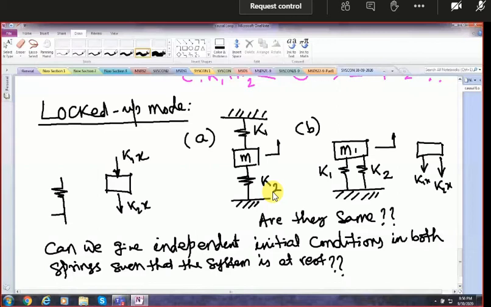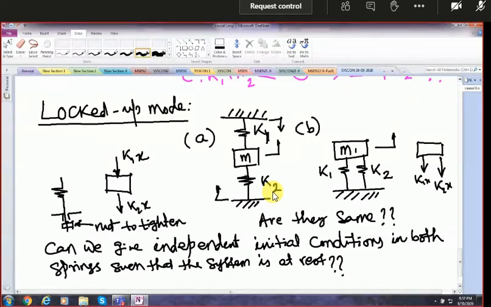Is it possible? The springs can be pre-compressed or pre-tensed. So we can actually give any pretension to a spring by rotating that knot, or by moving this platform. By moving this platform like this, we can pre-compress the springs.